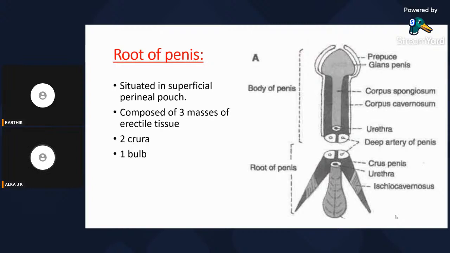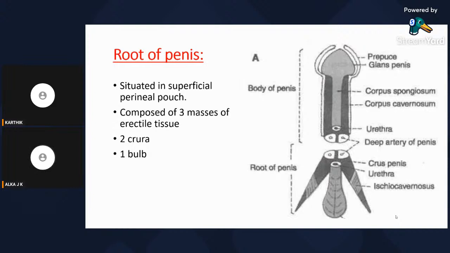The root of the penis is situated in the superficial perineal pouch. You know the perineum, the part present between the anus and the urethra, in which the superficial and deep perineal pouches are there. The root is composed of three erectile tissue masses, known as two crura and one bulb.